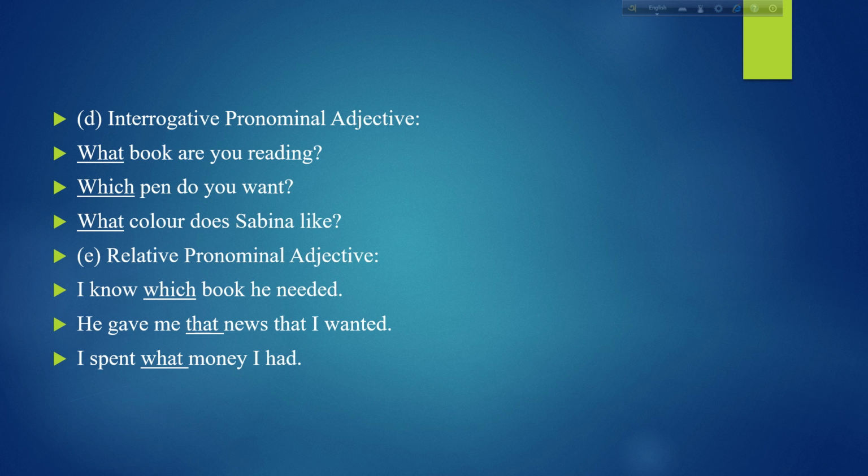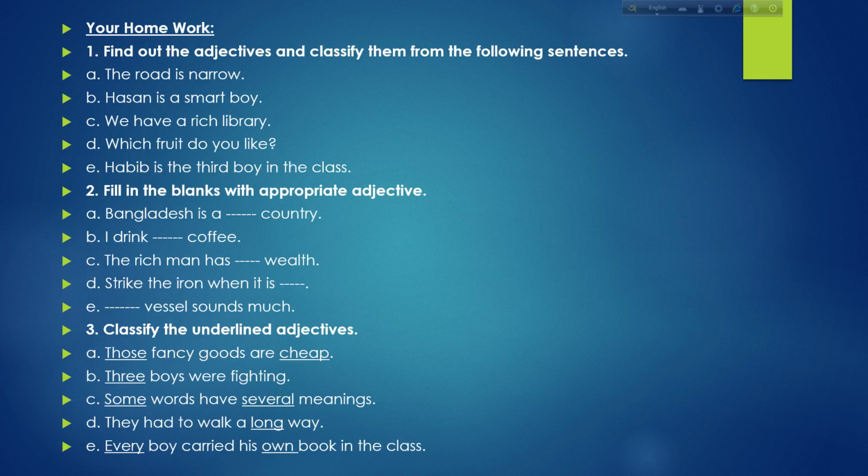I know which book he needed. Which? He gave me that news that I wanted. That. I spent what money I had. What. Here, which, that, what are relative pronominal adjectives. So these are all from adjective.